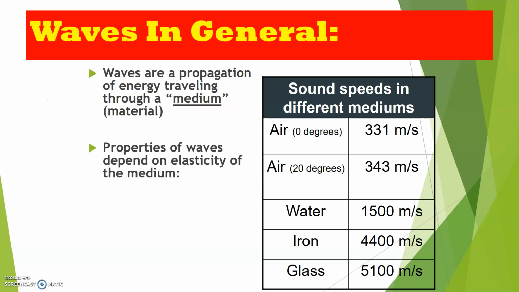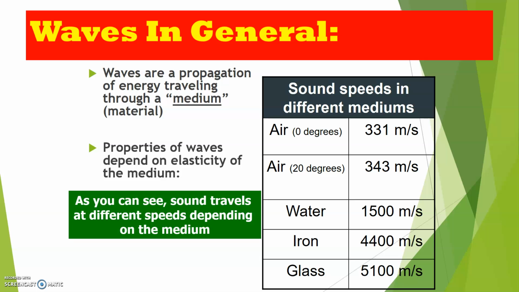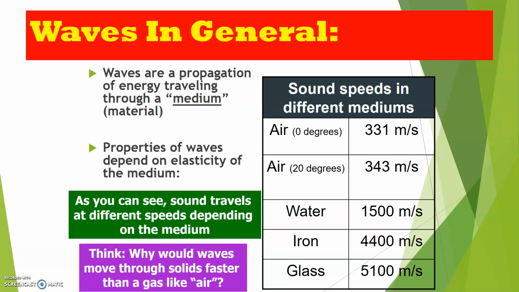Now, waves propagate that energy and they travel through a medium, aka material. Those properties, depending on how elastic those are, can change the speed of that sound. So, traditionally speaking, the more dense the material is, the faster the sound is.